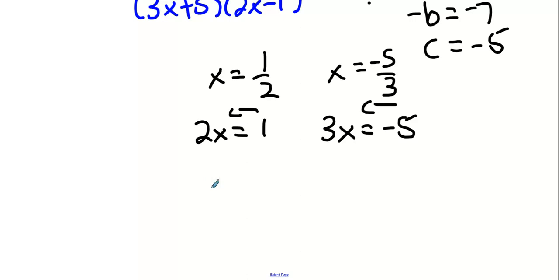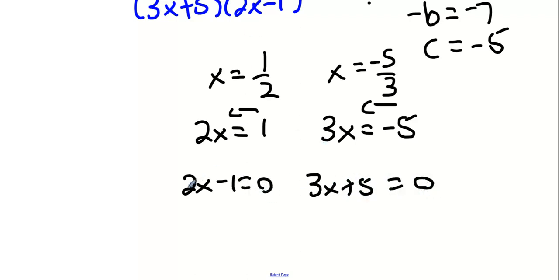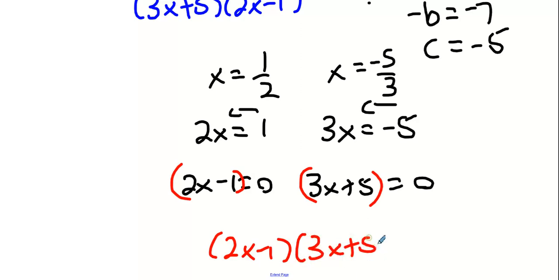And what do we get then? 2x minus 1 and 3x plus 5, and they both equal 0. And guess what happens to these two? These two are actually the brackets to the factorized answer. So you could just wrap them in a bracket like so, and you're done.